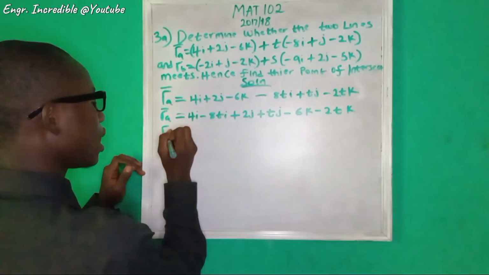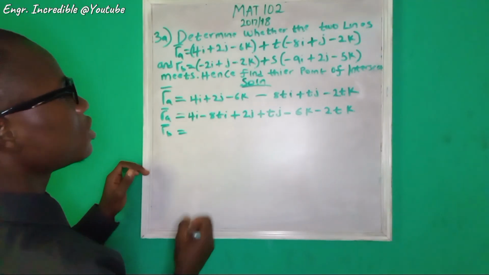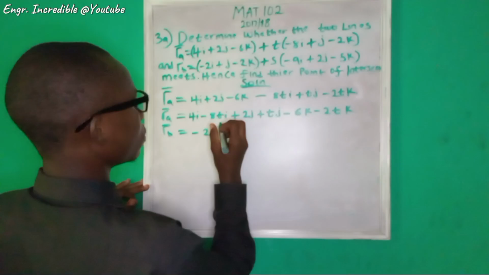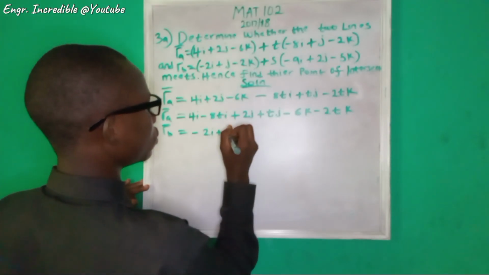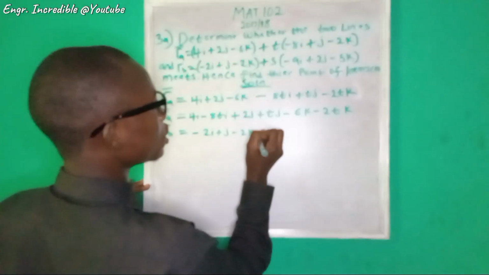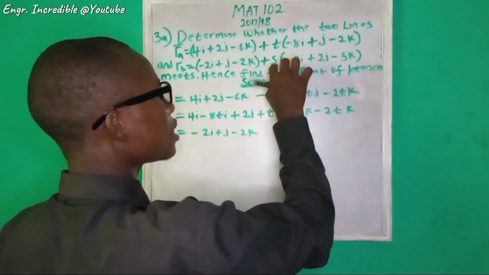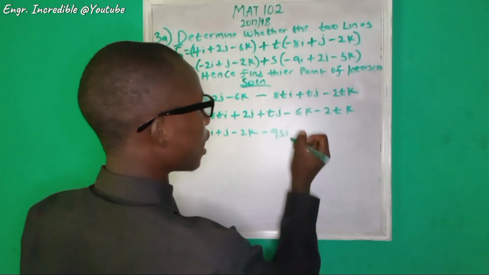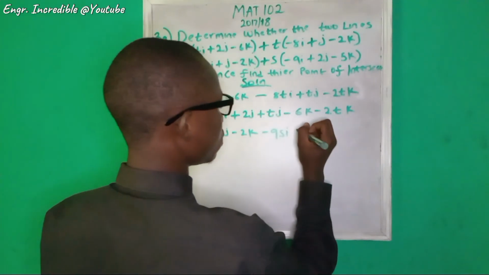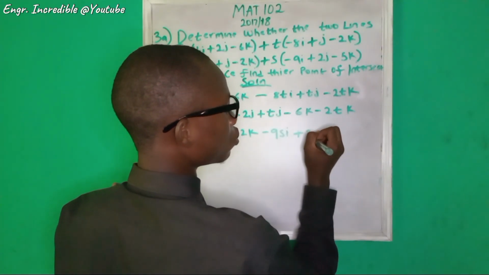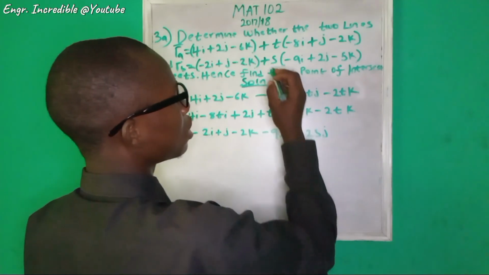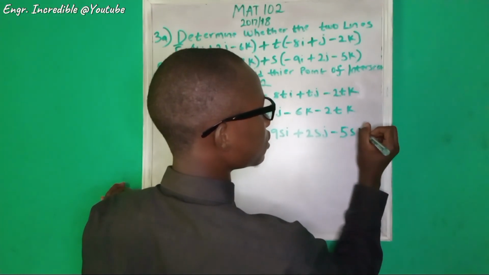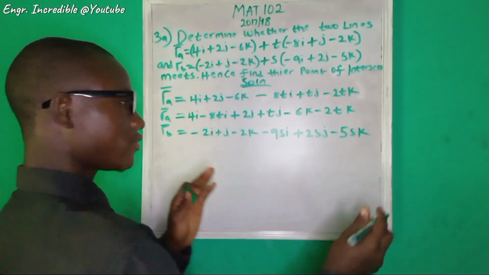Now moving to line r_B. Line r_B equals -2i + j - 2k. Then if I open the bracket, s times -9i gives -9si, s times 2j gives +2sj, and s times -5k gives -5sk.